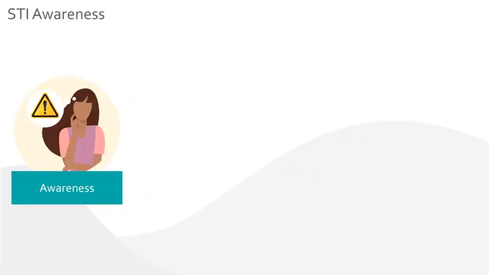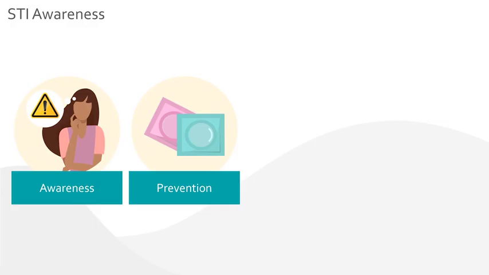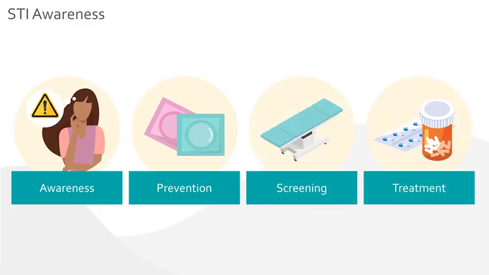Many opportunities exist for STI awareness raising, prevention, screening, and treatment during the antenatal, intrapartum, and postnatal periods. Awareness raising, prevention, and screening are key to reducing the overall community burden of STIs.